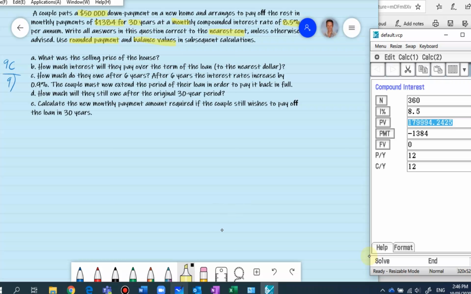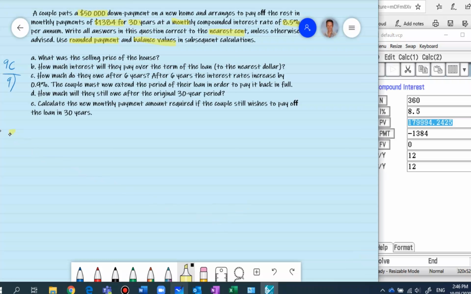Okay, so present value, part A, oops, got the wrong highlighter. Part A is $179,994 and 24 cents plus the $50,000 down payment.